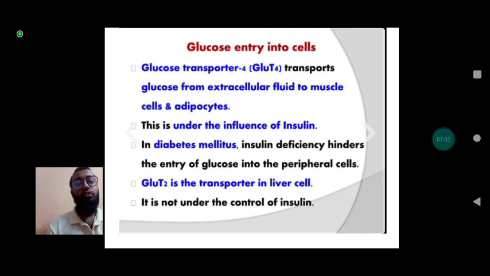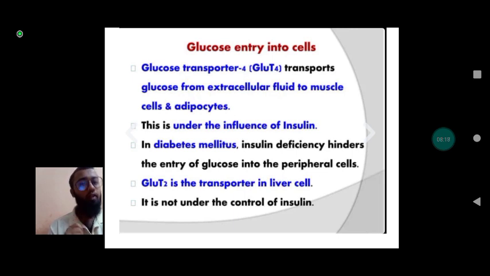And GLUT2 is the transporter in the liver cell. So first, GLUT4 transports the glucose into the muscle and the adipocyte cell, and second, GLUT2 is the transporter in the liver cell. Remember these two terms, they are very important: GLUT4 and GLUT2.